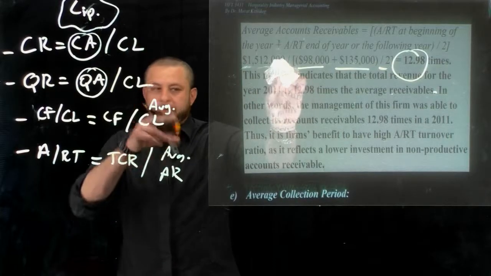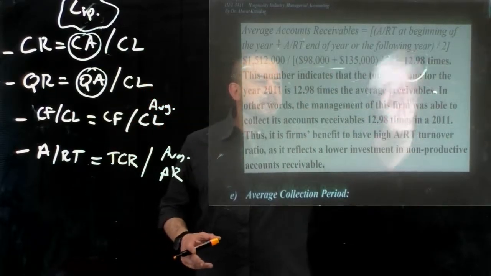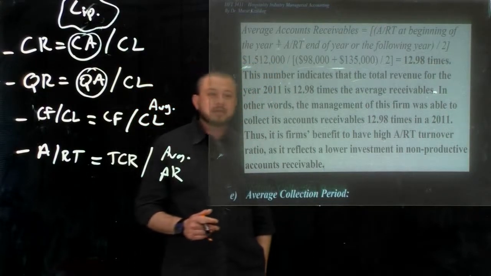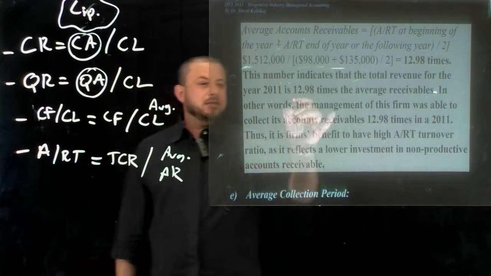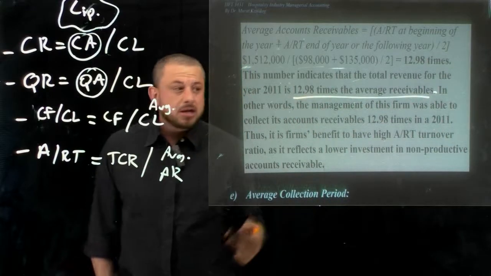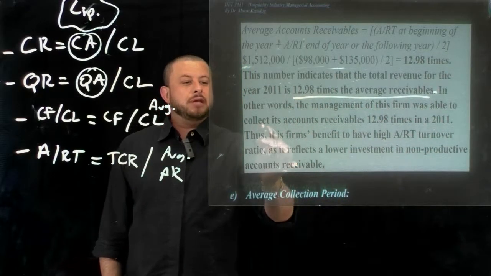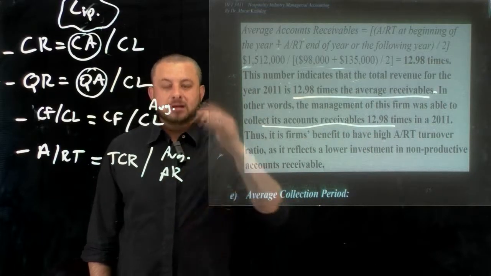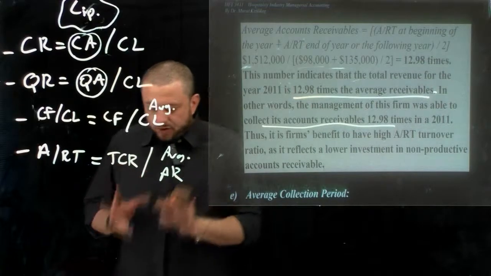What does that mean? Very important. This number indicates that total revenue for the year 2011 is 12.98 times the accounts receivable. In other words, the management of this firm was able to collect its accounts receivable 12.98 times in the entire year, okay?